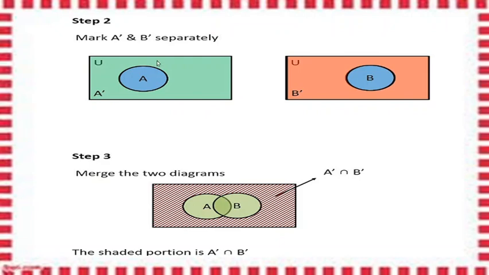So this green region is representing A complement. Here this orange region is representing B complement. But now we have to merge these two diagrams. When we merge, we have to exclude A and B and consider this outside area, and this is representing A complement intersection B complement. This shaded portion is the required portion.